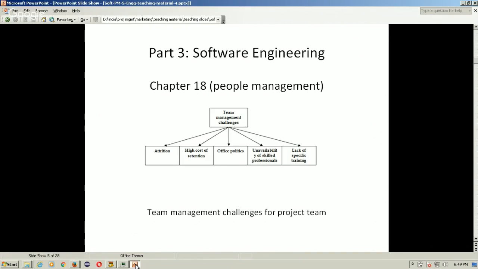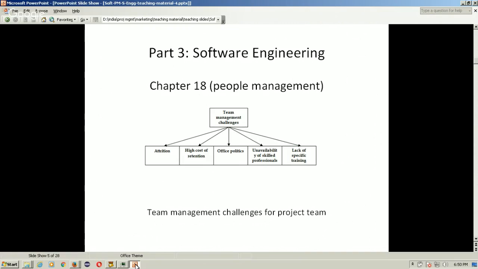Then office politics. Office politics is a common problem in all offices, and a project manager needs to deal with office politics effectively so that it does not affect project performance. Then unavailability of skilled professionals. When a project starts and the manager needs a person with certain skills, it is difficult for HR teams to find a suitable candidate for that position.